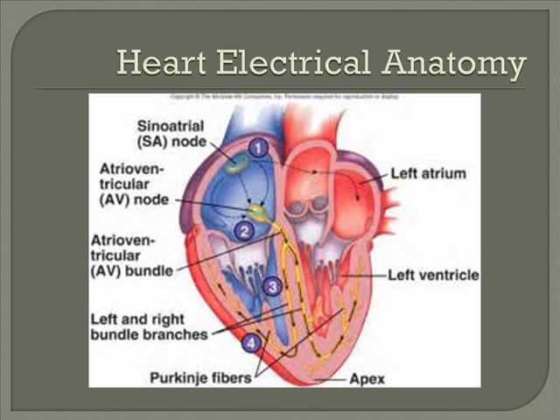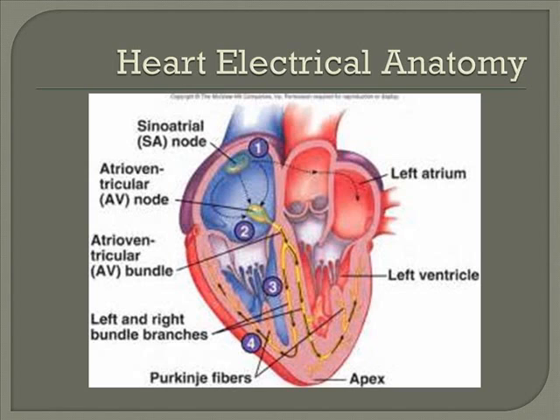The sinoatrial node, more commonly known as the sinus node, is the normal overriding pacemaker of the heart. It normally runs at a rate of about 60 to 100 beats a minute. It usually initiates the impulse. It fires, and that then travels down through the atria to what's labeled number 2, the atrioventricular node, or the AV node.